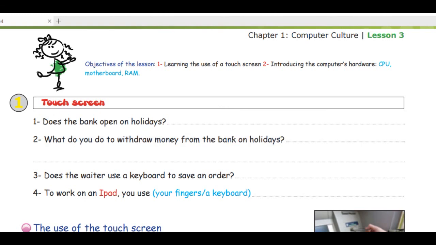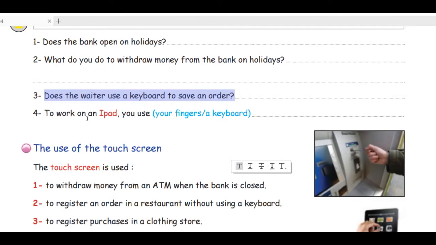Students in grade 4 must tell you that they go to the ATM machine with their parents. Another question: does the waiter use a keyboard to save an order? Of course not. He will join you at the table with an iPad, and everything you ask for as food will be made directly on the iPad. To work on an iPad, do you use your fingers or a keyboard? Of course, here the answer is your fingers.